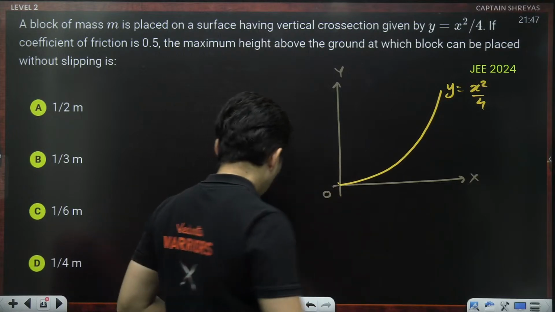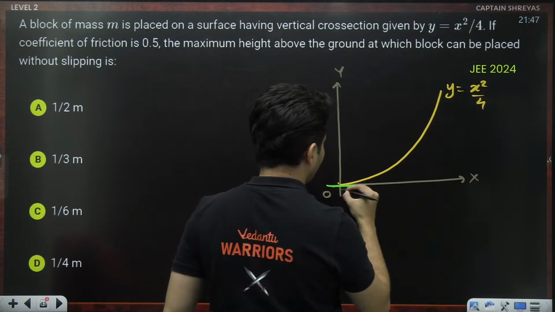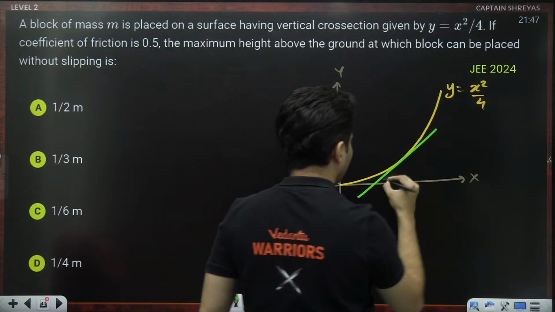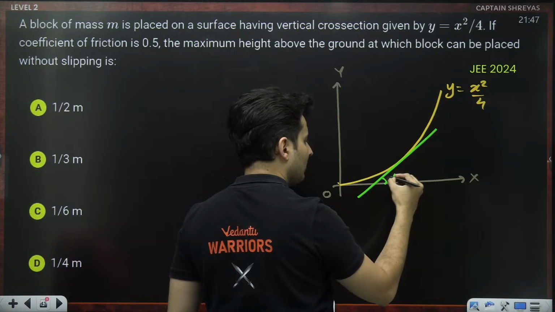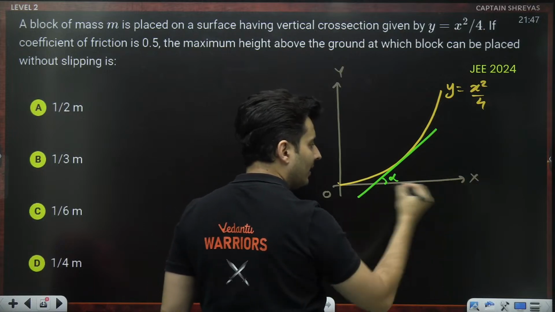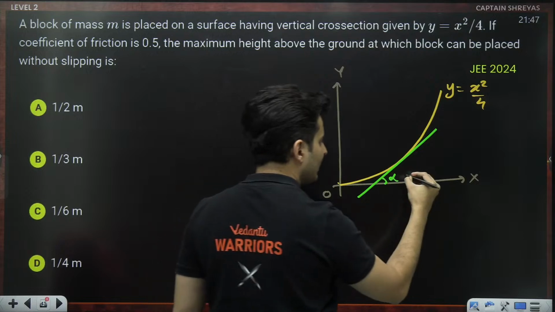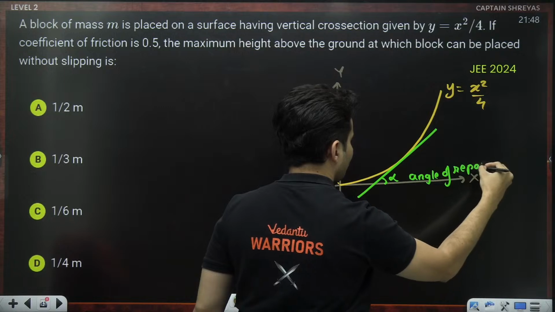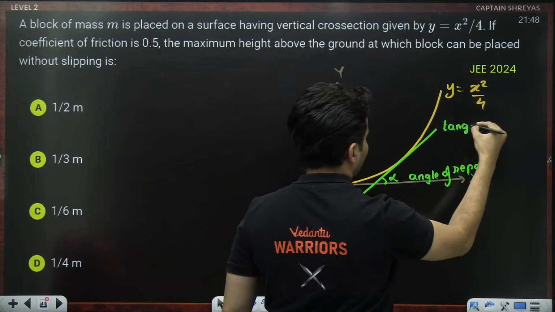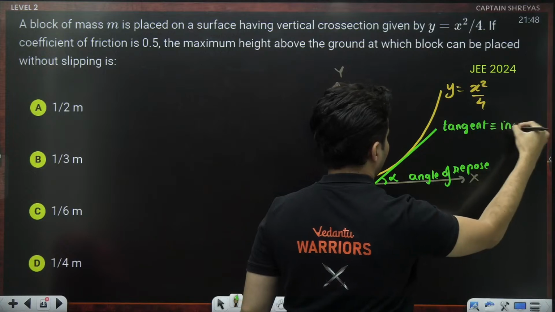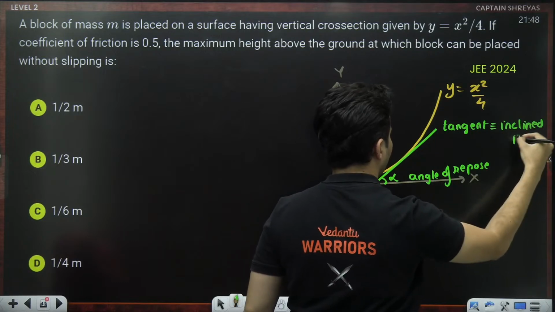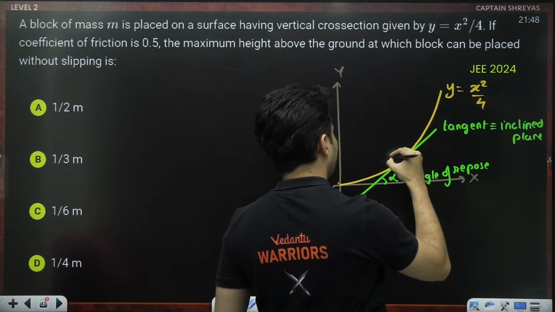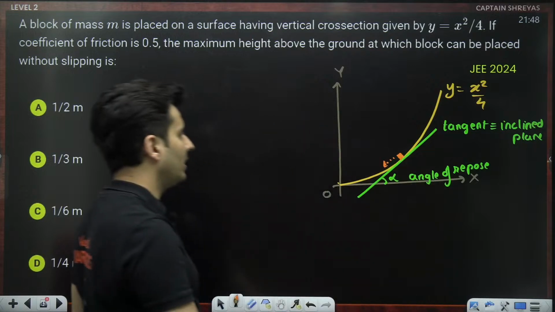So you can think of multiple inclined planes here, here, here, and there comes an inclined plane where the tangent drawn to the curve makes an angle alpha with the x-axis, where this is your angle of repose, and this tangent is like your inclined plane. So that's the reason why this mass will tend to slip down after this particular height.